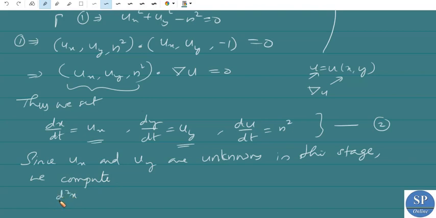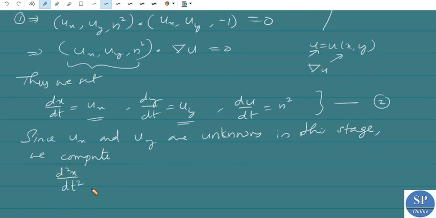d square x by dt square is nothing but the derivative of this with respect to t. So d square x by dt square is equal to d by dt of ux. But we know that u is a function of x and y, so ux is also a function of x and y. So we are differentiating ux with respect to t.